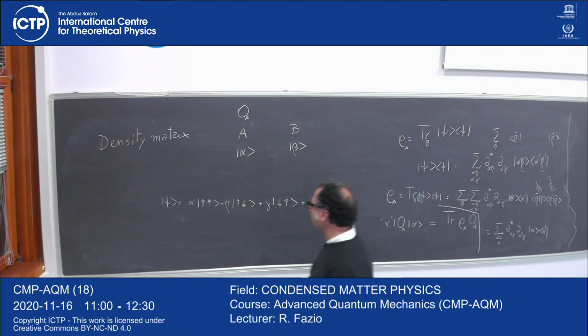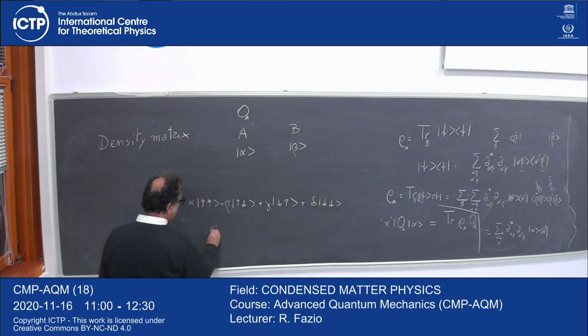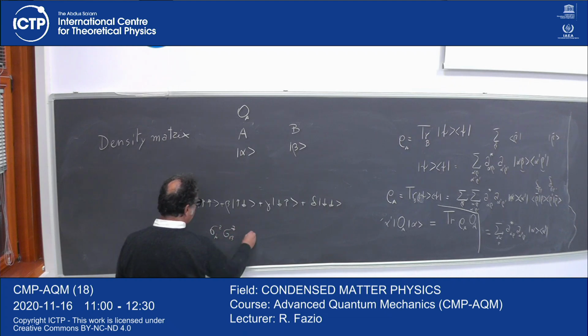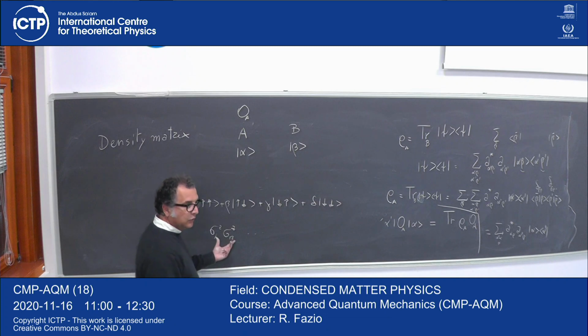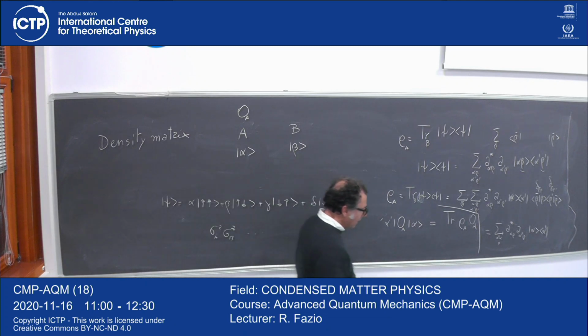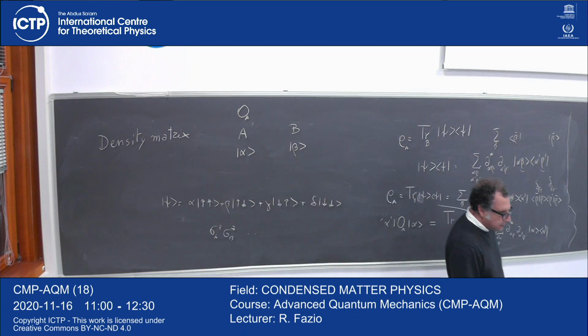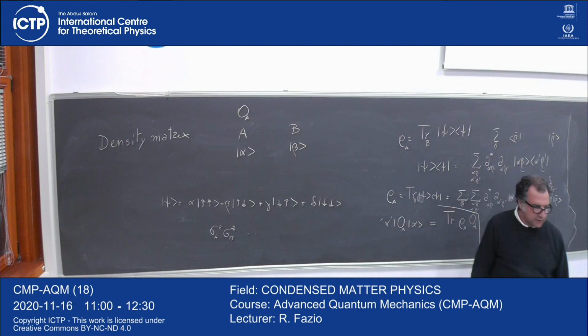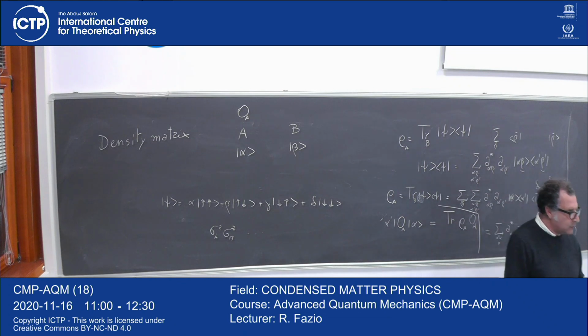In order to have information about the spins, I really need also to have information about, for instance, sigma ZA, sigma ZB, and so on and so forth. So I need to know all these measurements.